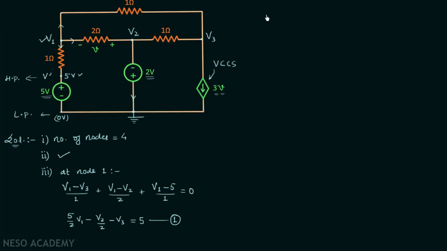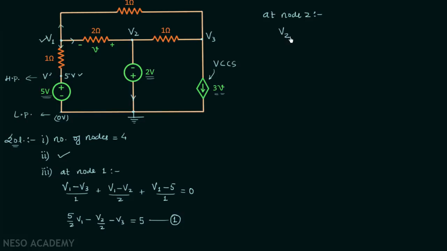Now we will proceed to node number 2, and at node number 2 we are not required to develop the KCL equation, because here you can see that a voltage source is connected between the non-reference node and the reference node. Therefore we can calculate V2 directly. We will begin applying KVL from this point.